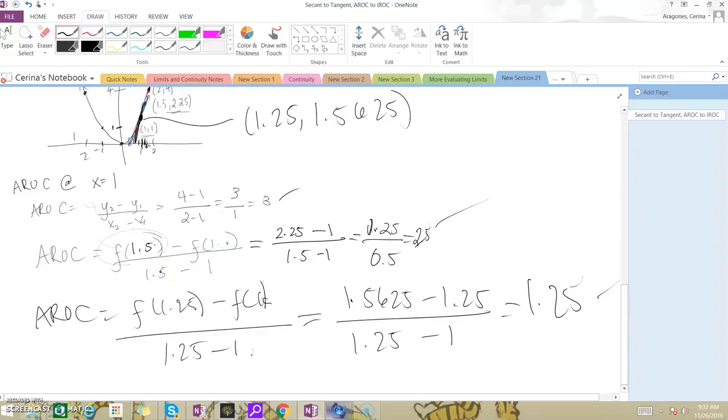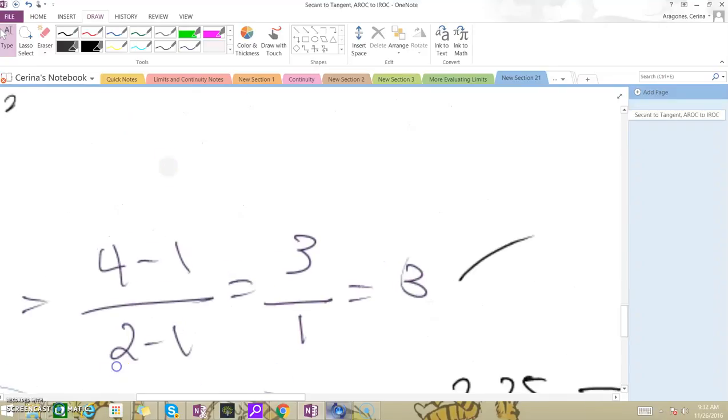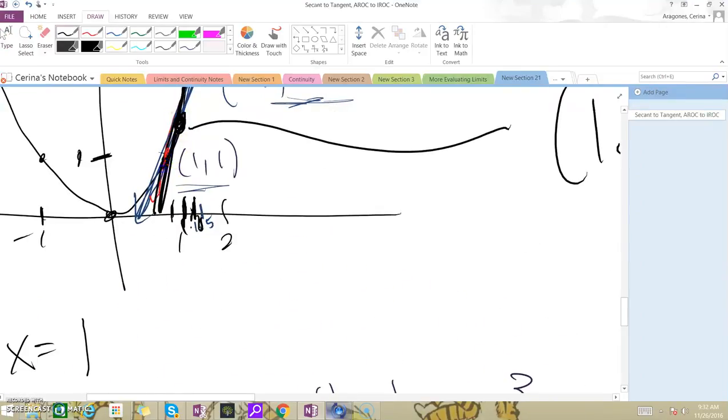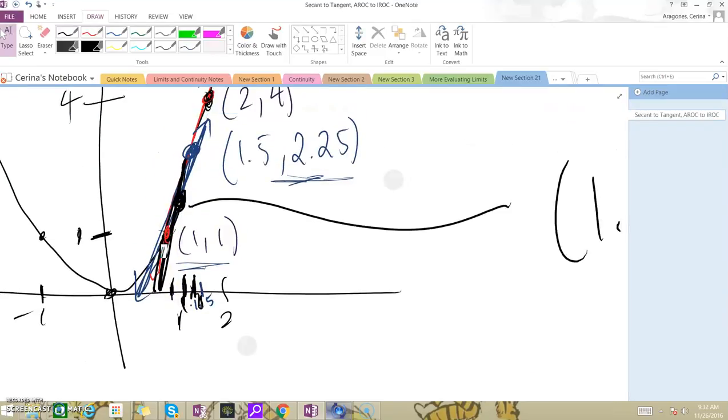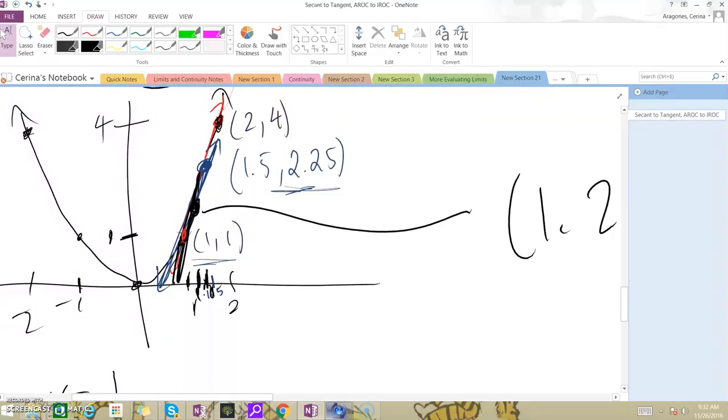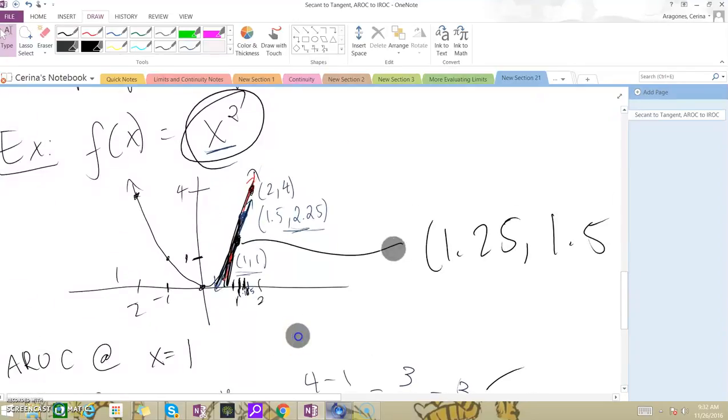So as you can see, as our x value gets closer and closer to the x value I want right here at 1, the flatter and flatter our slope becomes. And you can see that happening. So at first it's really steep, then it gets flatter, and hopefully more and more accurate.